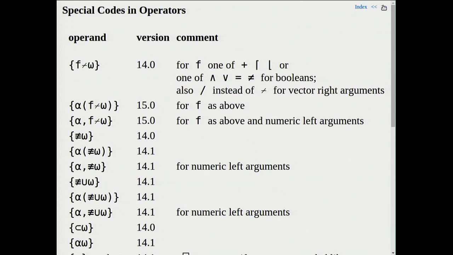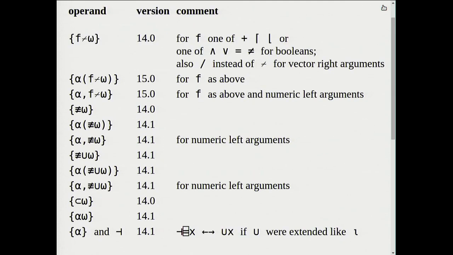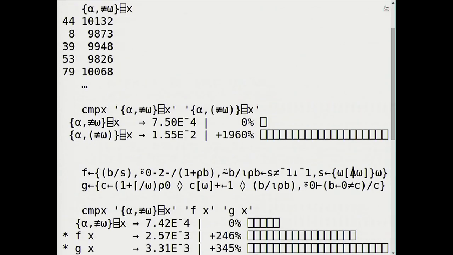So the strategy is to provide special code for those useful special cases. So for the key operator, these are the special code. A couple are not there yet, but they'll be added. And additional special cases can be implemented as required. So much for special code for the key operator.